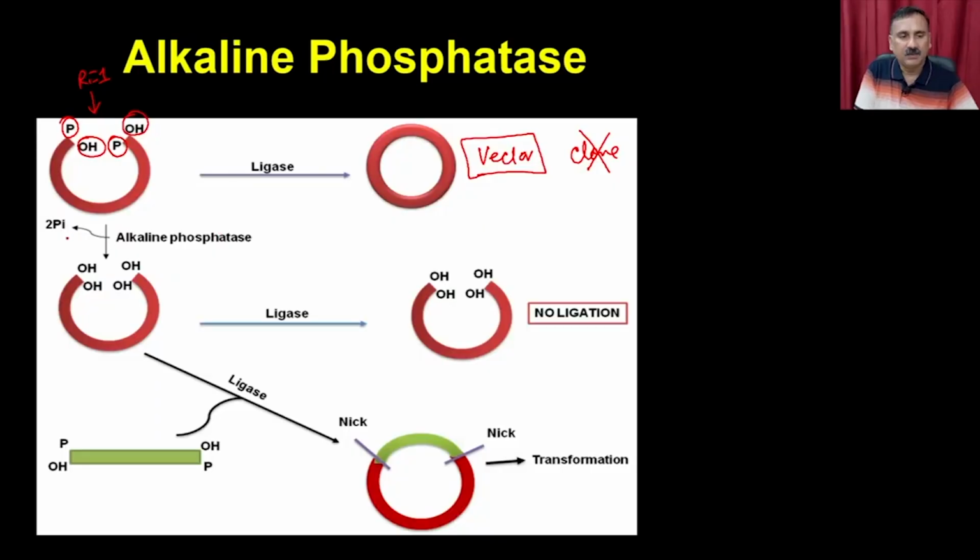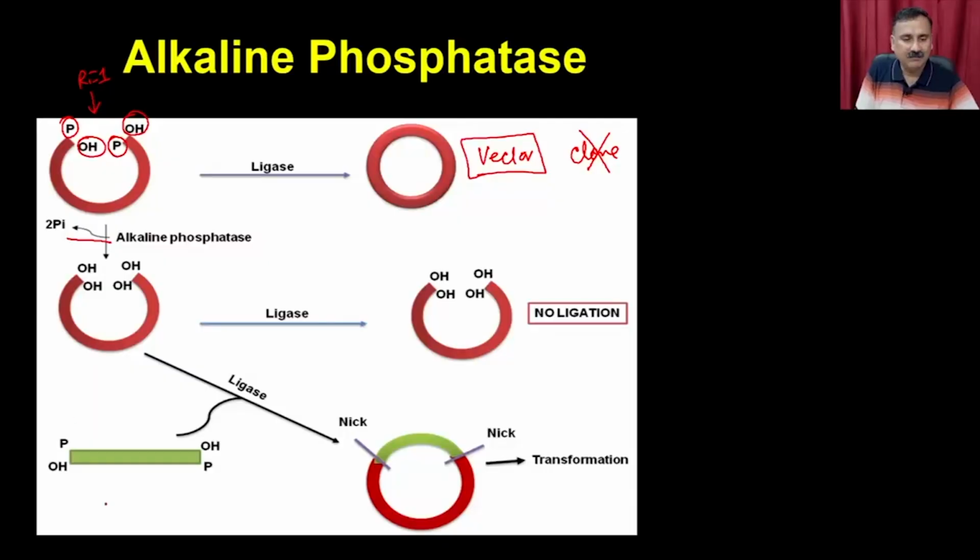Now if you treat this with the alkaline phosphatase, you are going to remove this phosphate and you are going to have the hydroxyl on both the ends. Now if you do the ligation reaction, these hydroxyl groups are not going to get ligated because you require a phosphodiester linkage, and that requires the phosphate group.